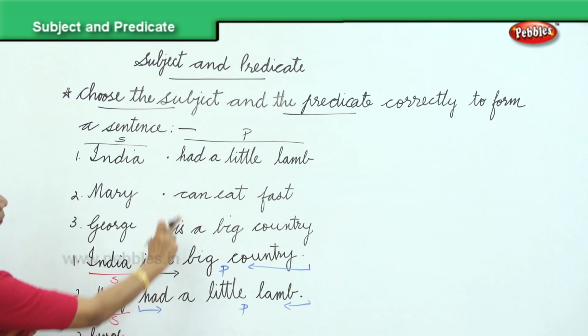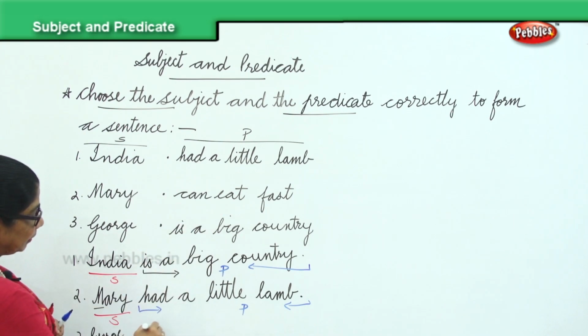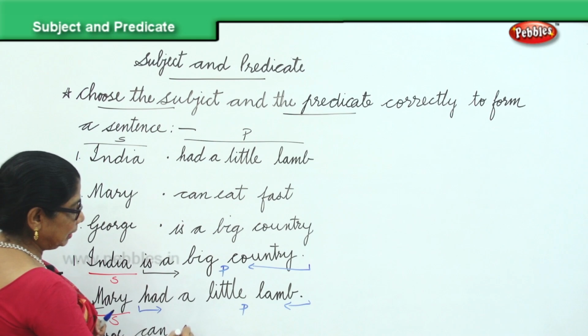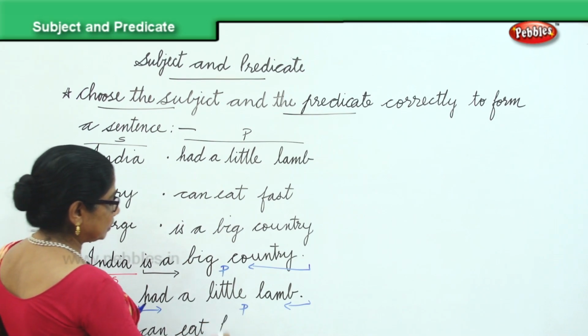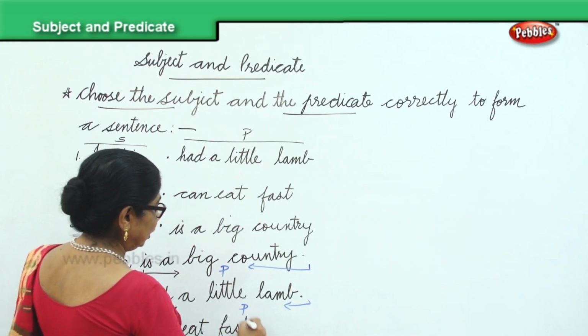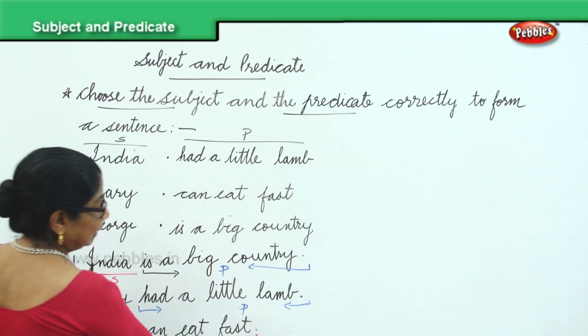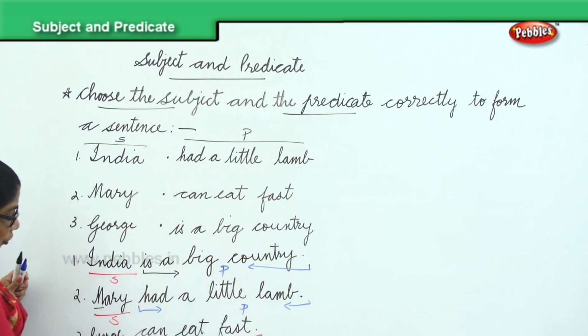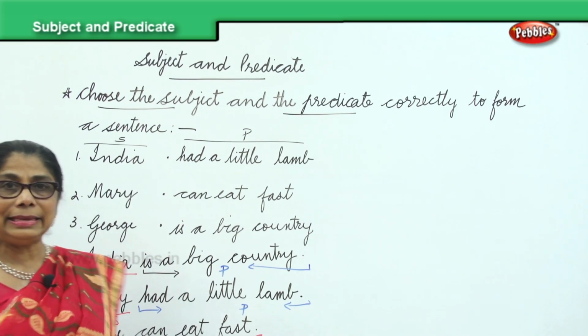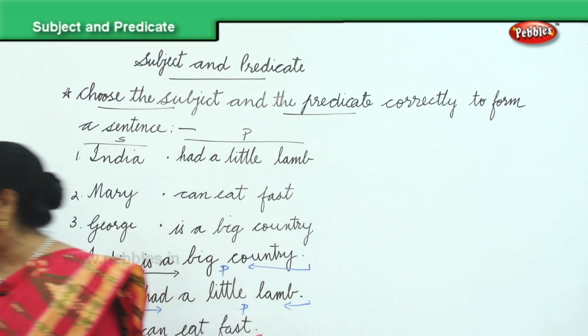George can eat fast. He can eat fast. But actually he should not eat fast. Yes, now George begins with the capital letter, it ends with the full stop. George is the subject, can eat fast is the predicate. Look at it very carefully.